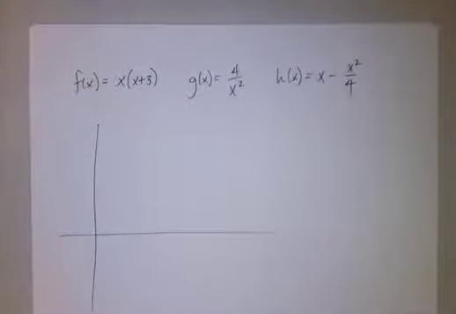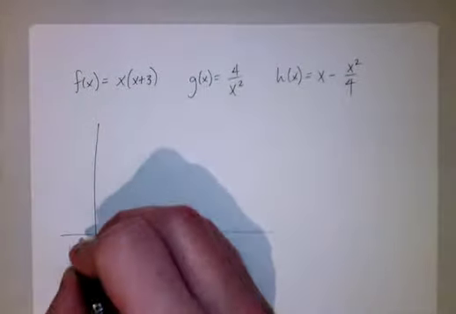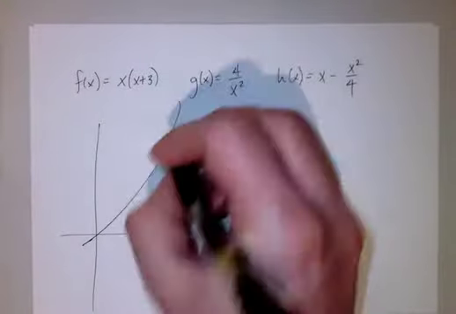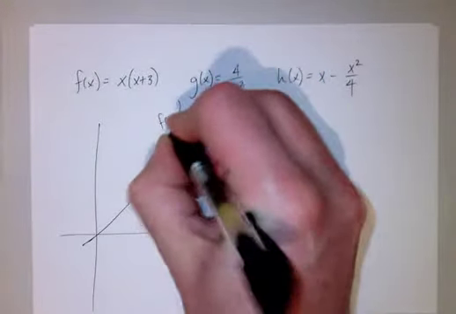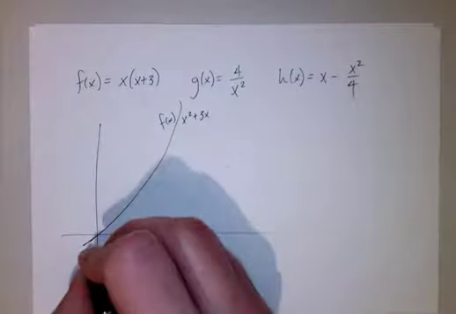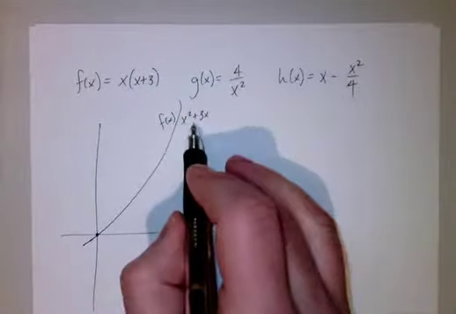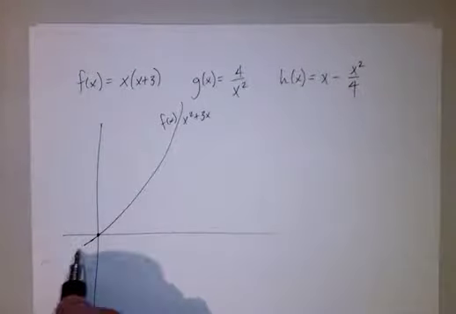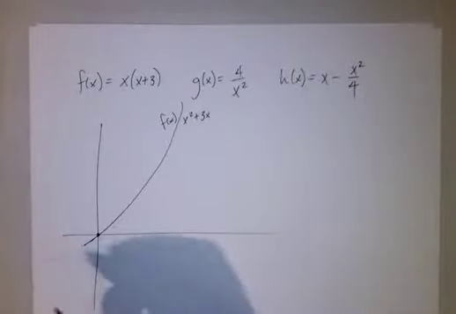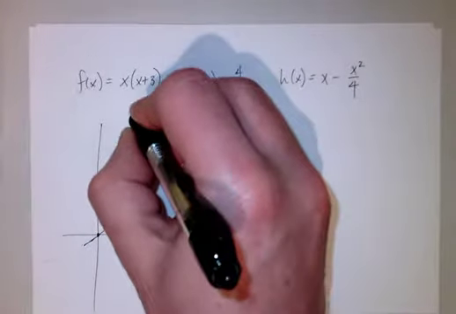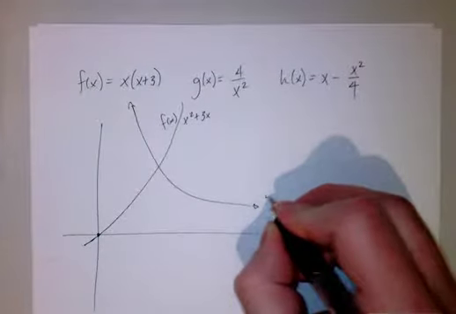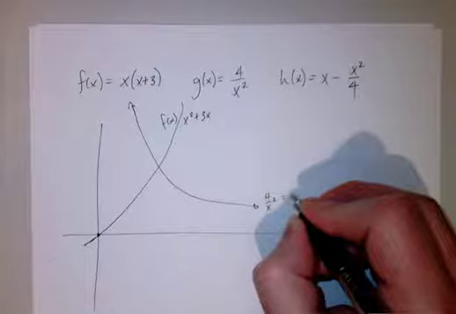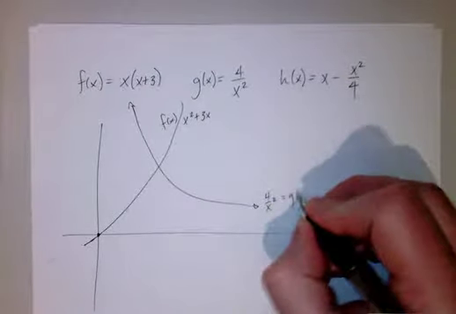We know that we have this that comes up right here, and that's x squared plus 3x, so that's f of x right there. Here is the 0 at 0, and the 0 at negative 3 is going to be over here. We know that we have 4 over x squared, and so that's going to run like this, and that is going to be g of x.